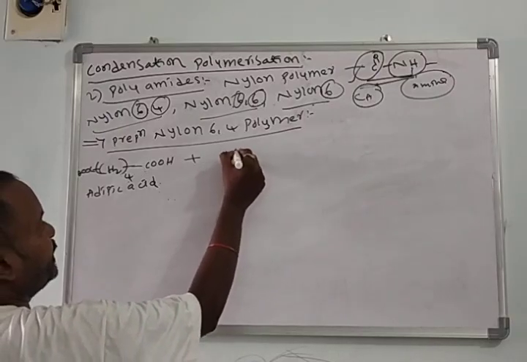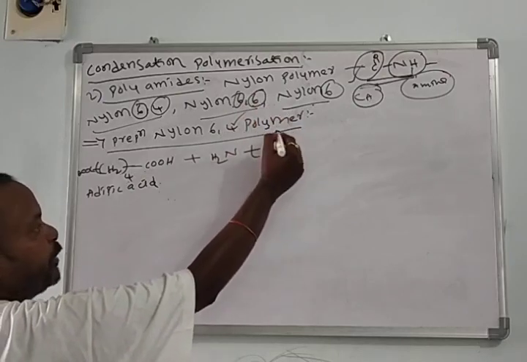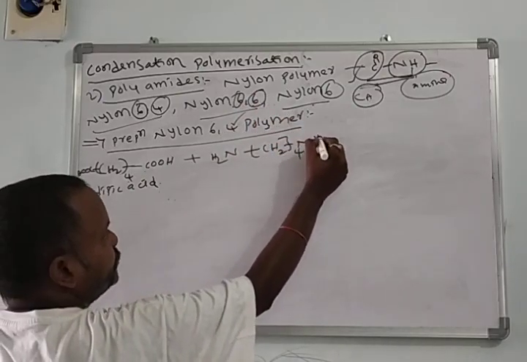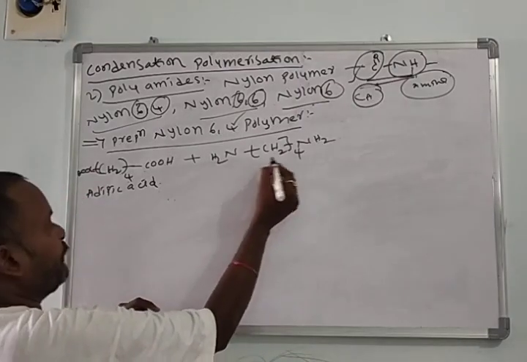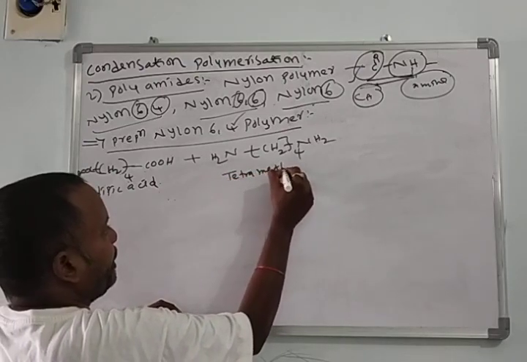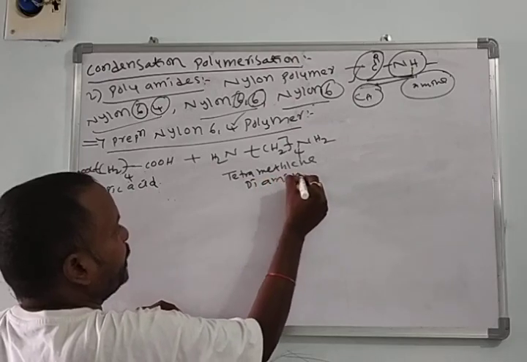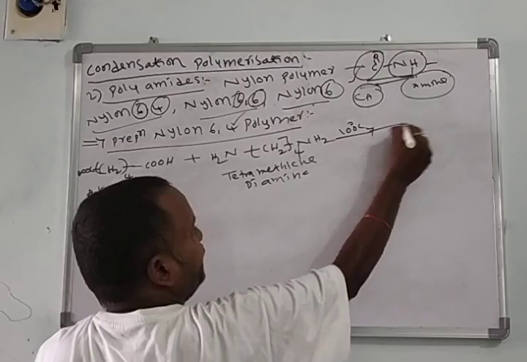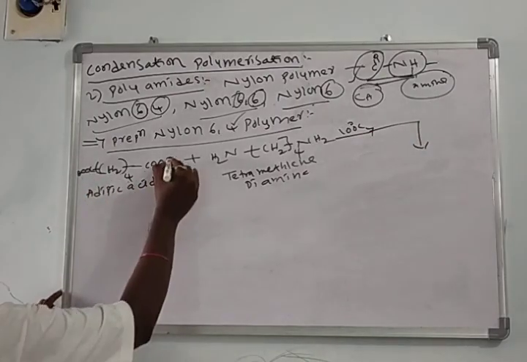This reacts with an amine. How many carbons are there? 4 carbons. Here I am taking 4 carbons with NH2 at each end. What is the name of this one? We call this tetramethylene diamine. Heat at 100 degrees centigrade. What happened?